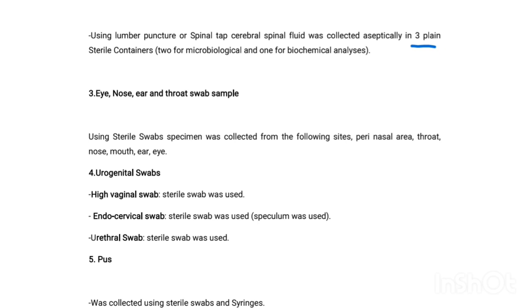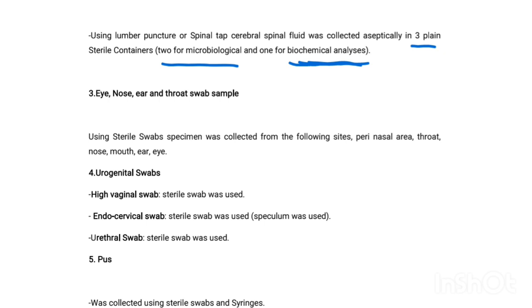So when we collect the sample, it has to be divided into 3 plain tubes, because it requires 3 types of tests going to different labs. Two for microbiological tests and one for biochemical analysis, and two go to the microbiology lab.